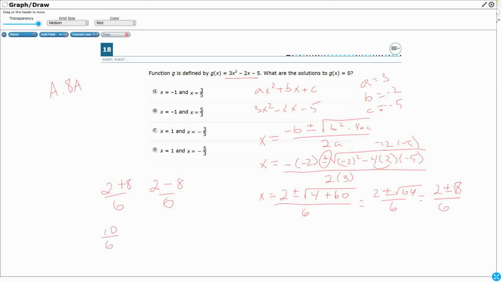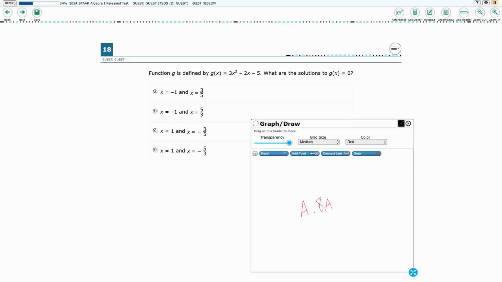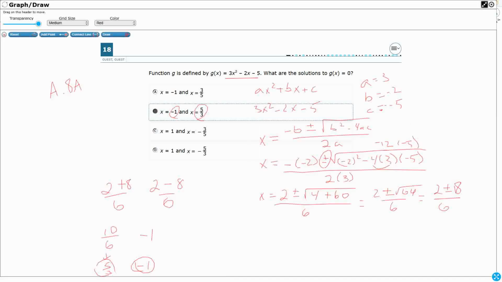That could be a negative 6 over 6, which is going to end up being a negative 1. Now this 10 over 6, let's go ahead and simplify that to 5/3 and negative 1. And so when we're looking at 5/3 and negative 1, those are my two choices. X equals, got them right there. So that is my answer, B.